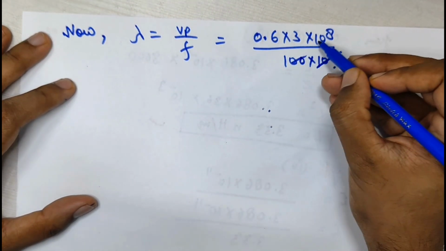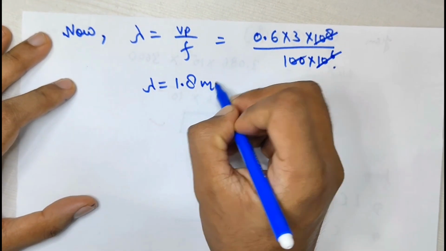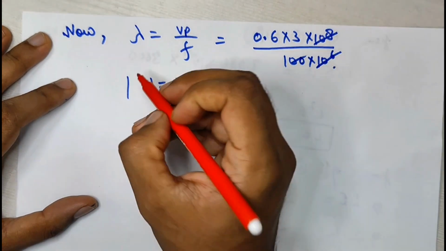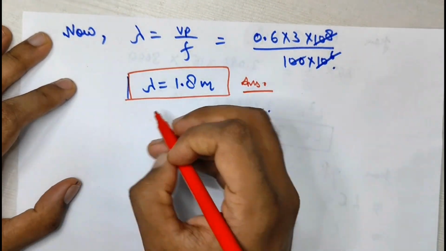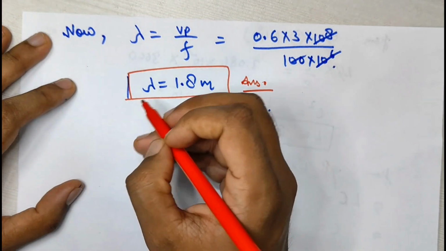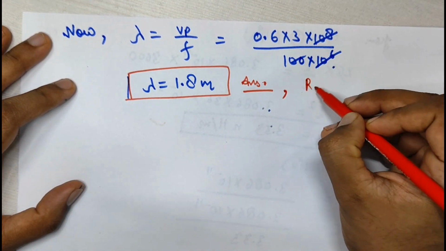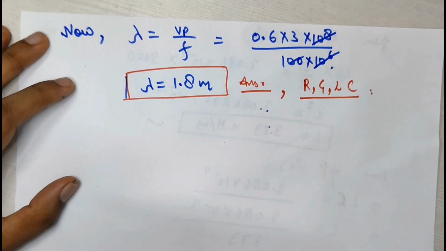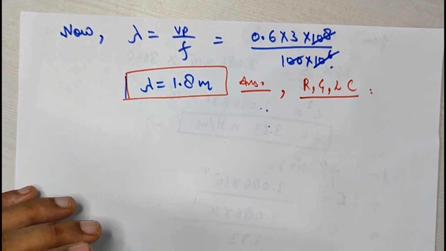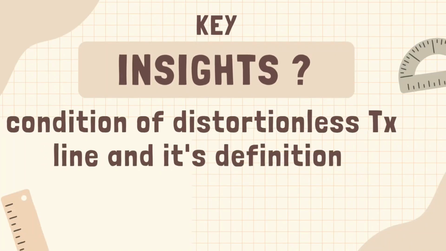Lambda can be written as 1.8 meter. This is the answer that we were looking for. So we have calculated lambda, and similarly R, G, L and C. For this particular question, we need to know the distortionless transmission line and its condition.